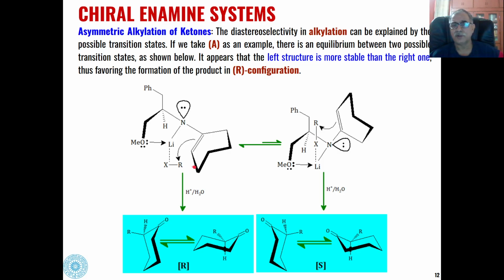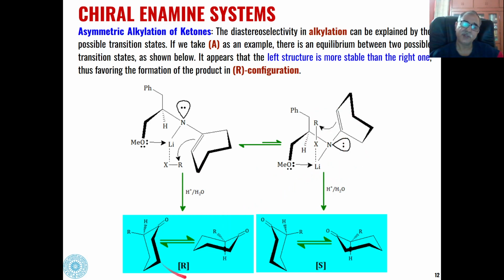So here this structure is more stable in comparison to this because this will lead to the formation of this type of R product. So the R product is formed more because this structure is more stable in comparison to this structure.